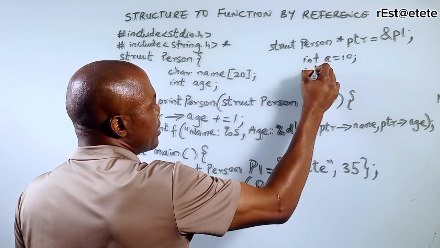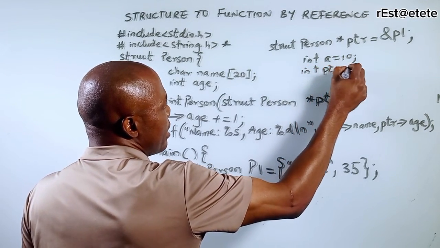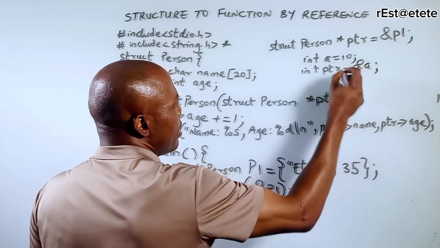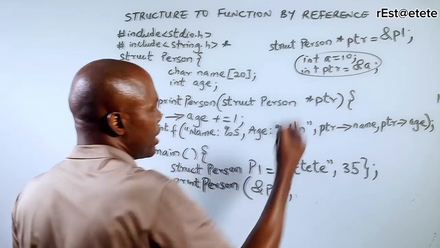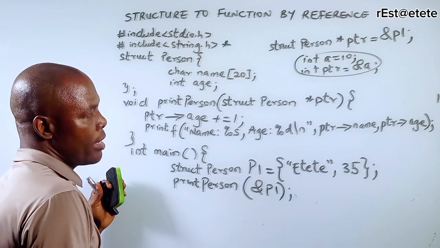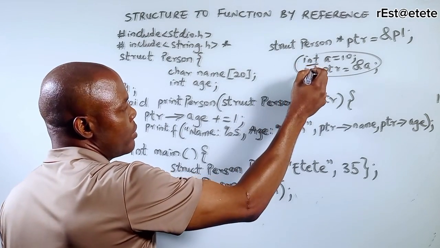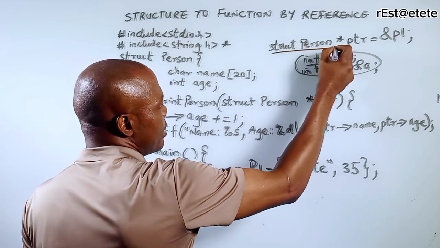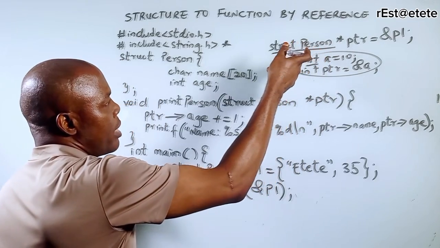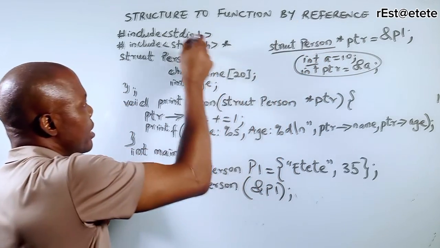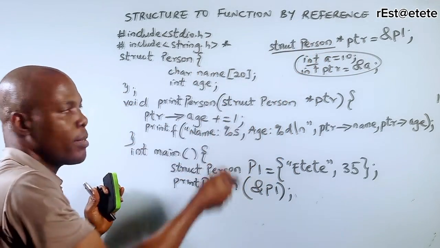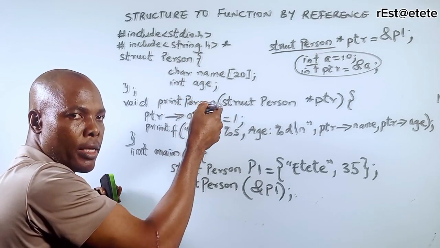Then you say int pointer ptr, you assign address of a. So this is the same thing as what is happening here. This is one data type, which is integer. This is a data type which is struct, a data type that we created, which is a derived data type, which is what we did here.